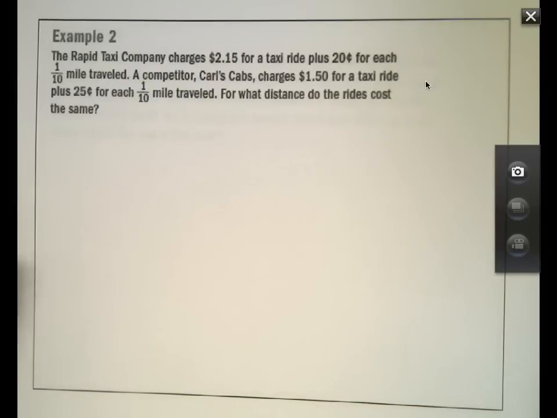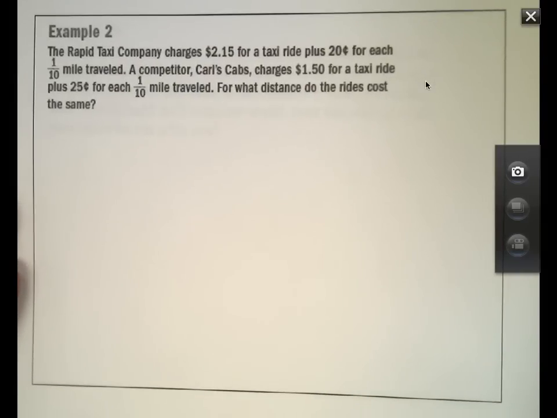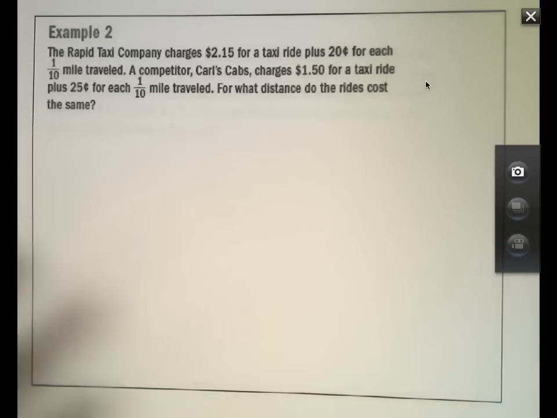Let's get to some real-world problems. It says the Rapid Taxi Cab charges $2.15 for a taxi ride, plus 20 cents for each 1/10 mile traveled. A competitor, Carl Cabs, charges $1.50 for a taxi ride, plus 25 cents for each 1/10 mile traveled.